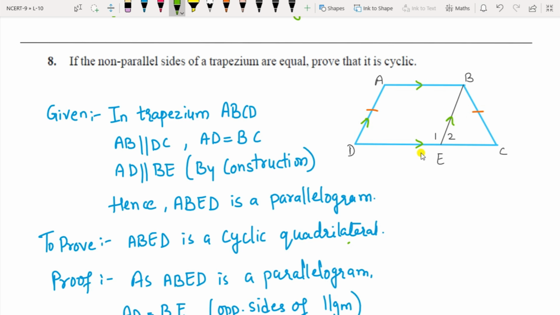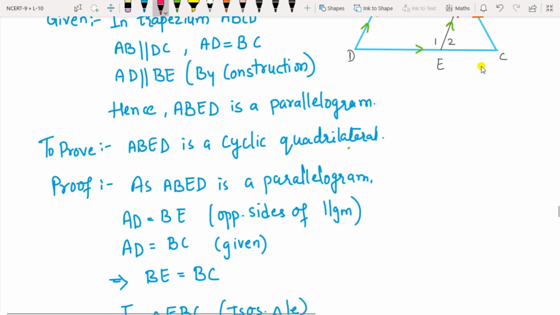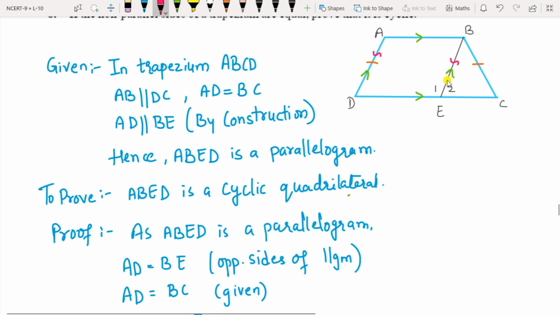So AD will be equal to BE because it is a parallelogram, but AD is equal to BC, that is given, therefore these two sides will be equal.